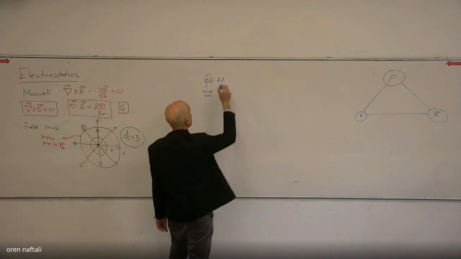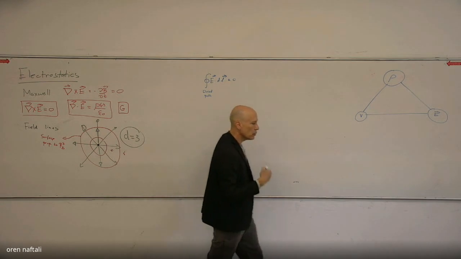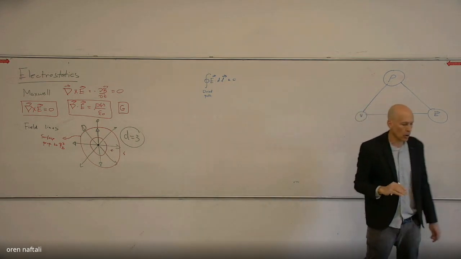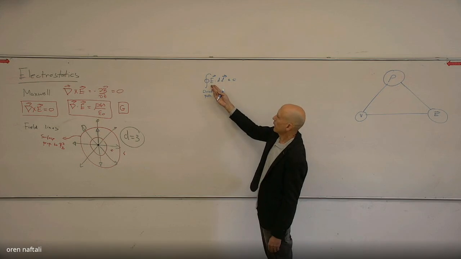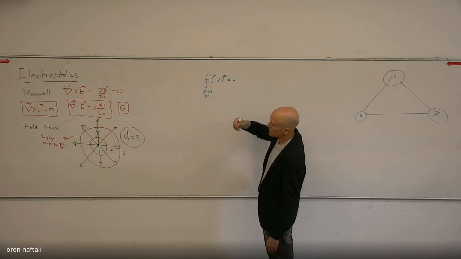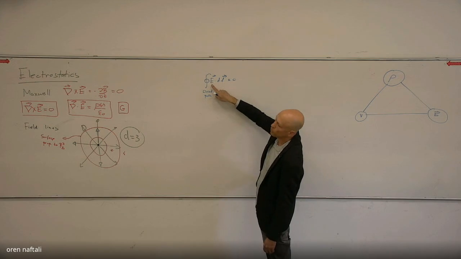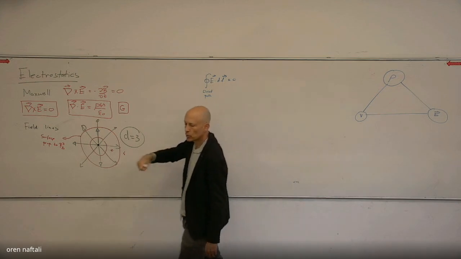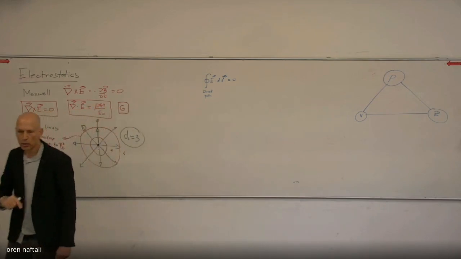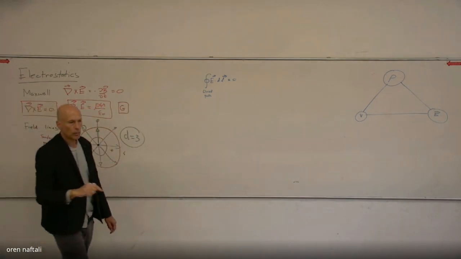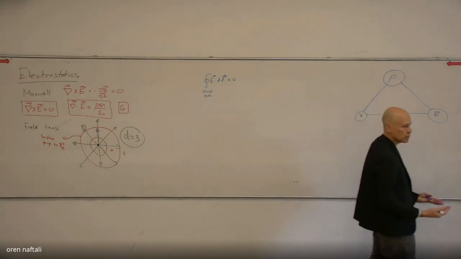But this is equal to 0. This is related to the fact that the curl is 0, and this is related to the fact that the forces are conservative, which means if I go over a loop, if I think about E with some charge, I put some charge along this loop or along this trajectory, then the total energy is going to be 0 when I come back, because there is no input of energy and there is no dissipation in this problem.